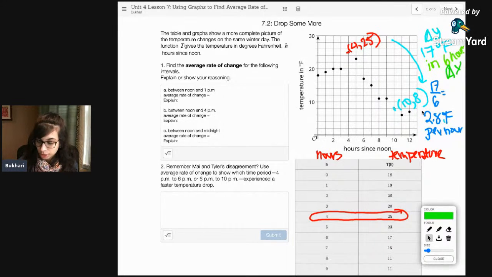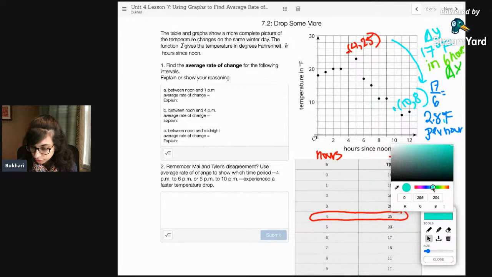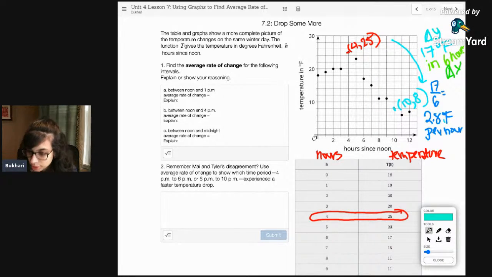In this case, you could be even more specific that the difference is not only 17 Fahrenheit, but we're decreasing by 17, so it's going to be negative 17, right? We are doing 8 minus 25 because I'm ending up at 8 and I'm starting at 25 degrees. So we've decreased 17 degrees Fahrenheit.